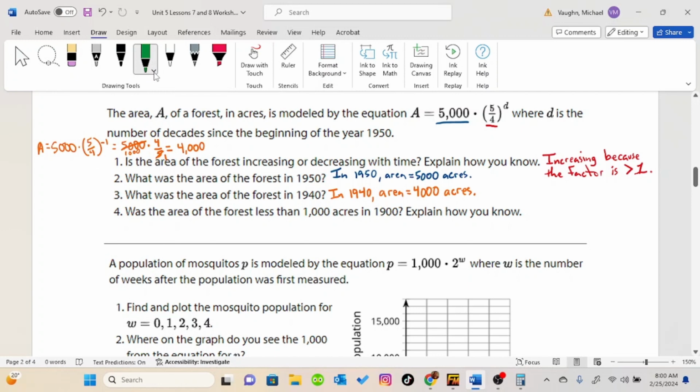Was the area of the forest less than 1,000 acres in 1900? Explain how you know. So 1900 would be 50 years earlier, which is 5 decades earlier. So the area is going to equal 5,000 times 5/4 to the -5 power.